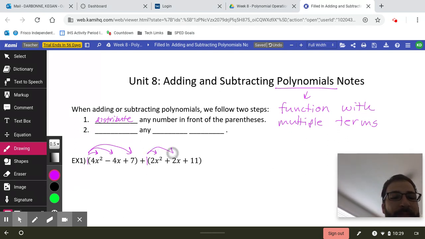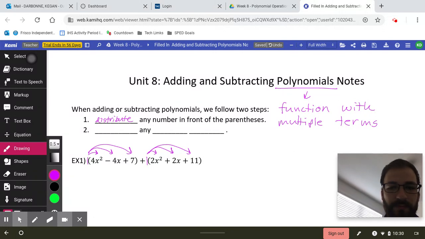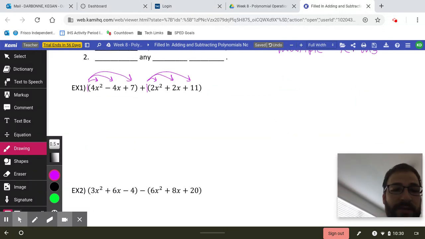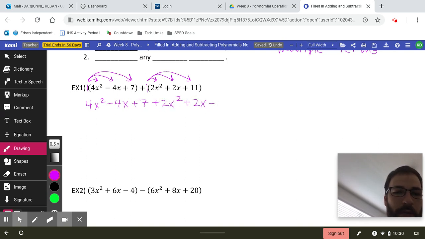So when we're adding polynomials and all we have in front is a positive 1, nothing's actually going to change. So really, it's kind of like we're just dropping the parentheses. And then we can just move straight on from there.